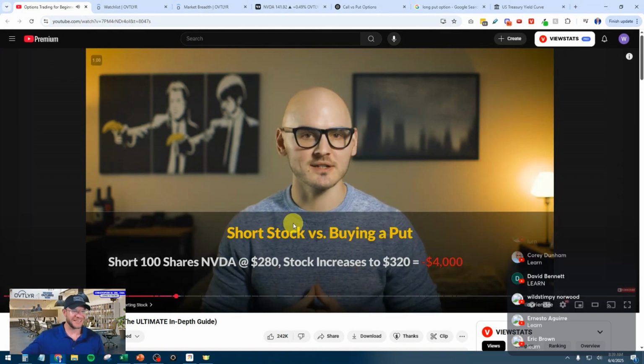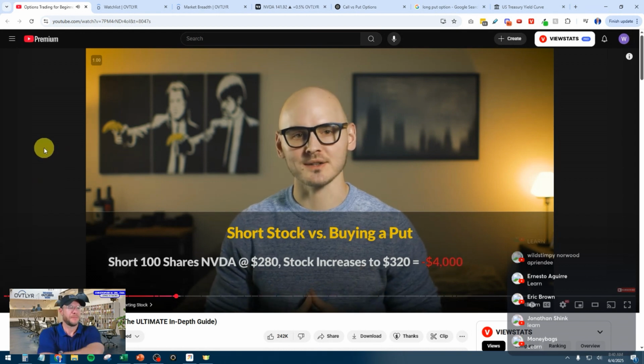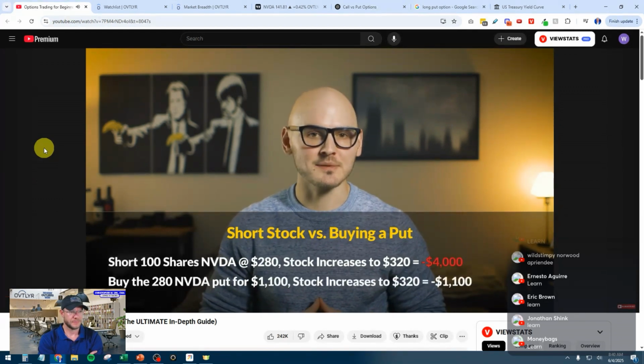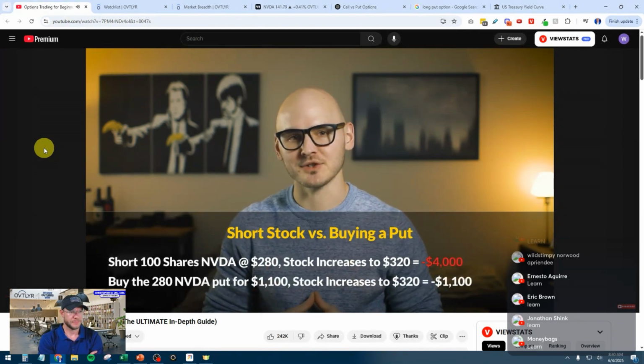That's what I was just saying. If you were shorting it outright, you lose all $40 per share, which on 100 shares is $4,000. But in this example, we saw that the put option purchase only lost $1,100.